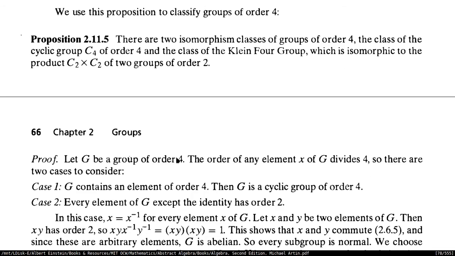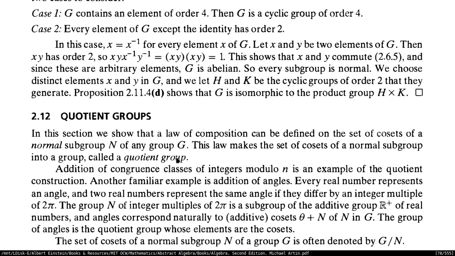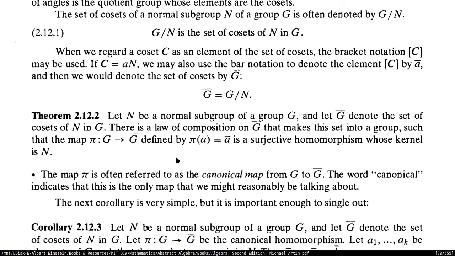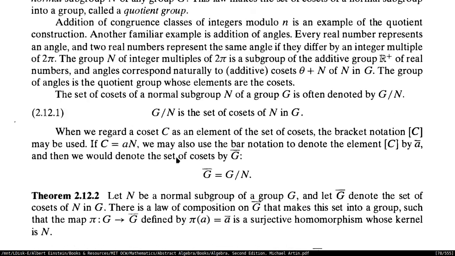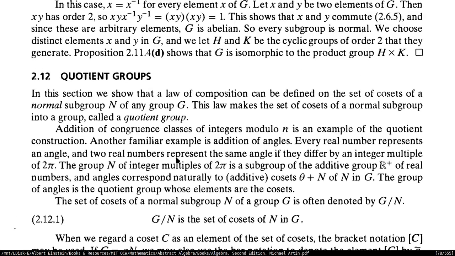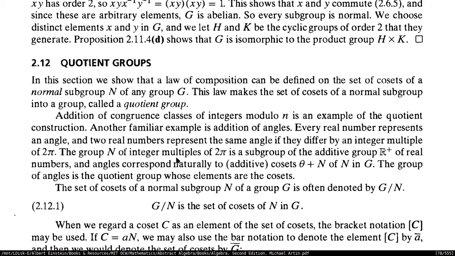Regardless, let's just finish this quotient groups part and we'll be done. Okay, so we'll show that a law of composition can be defined on the set of cosets of a normal subgroup of any group.